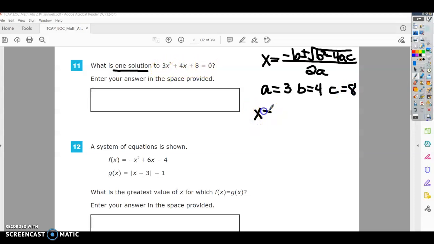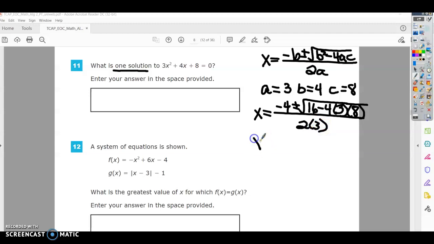So all I have to do is plug in my a, b, and c. I'm going to take my formula and do negative b, so negative 4 plus or minus the square root of b squared minus 4 times a times c, over 2 times a.